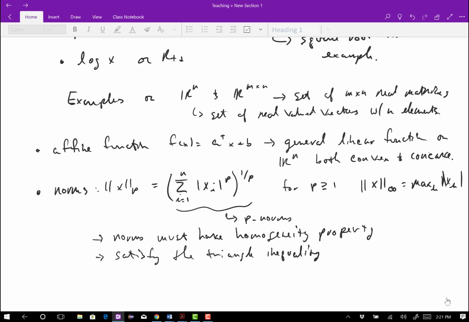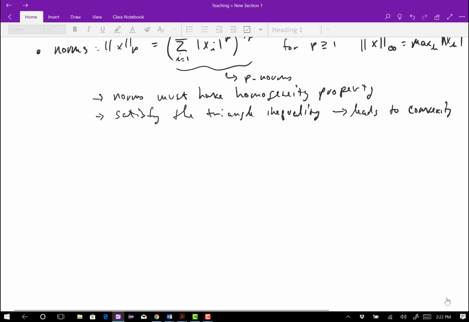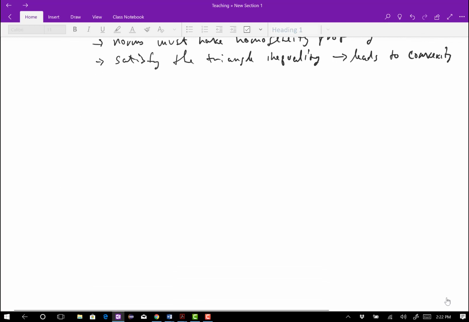And actually, the fact that they must satisfy the triangle inequality is what leads to the convexity proof for norms. Although in general, the proof that a norm is convex is not a trivial matter.